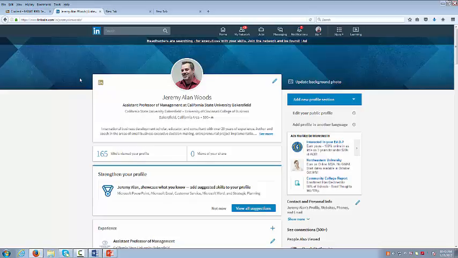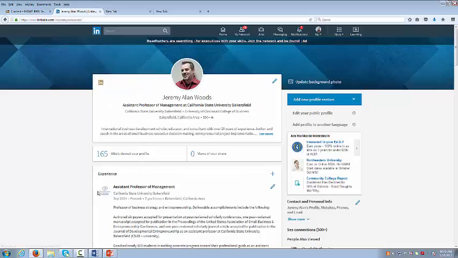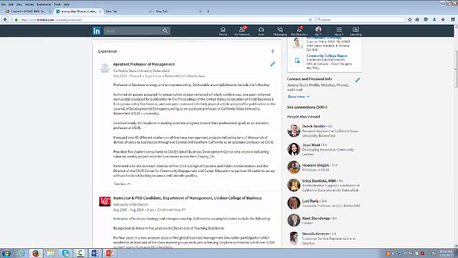If you're just getting started adding elements to your profile to make it more robust, right underneath your profile it's going to have little buttons where you can choose add work experience, add projects, add education, etc. So you're just going to click on whichever one you want in order to start adding that part to your profile.